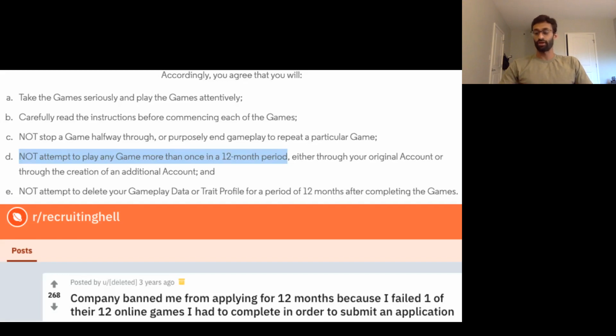And you also can't apply to other companies that use the same test. So as an individual, you end up locked out of the market altogether because of your performance on one particular assessment. To the extent that that was a mistake, you had a bad day, it didn't accurately reflect your ability to do the job, you're out of luck. You won't be able to continue to apply to those types of jobs.